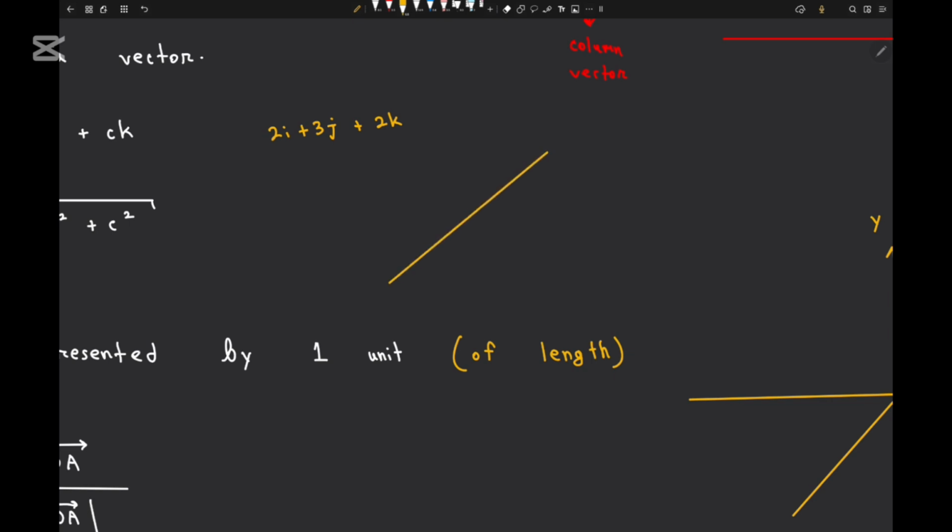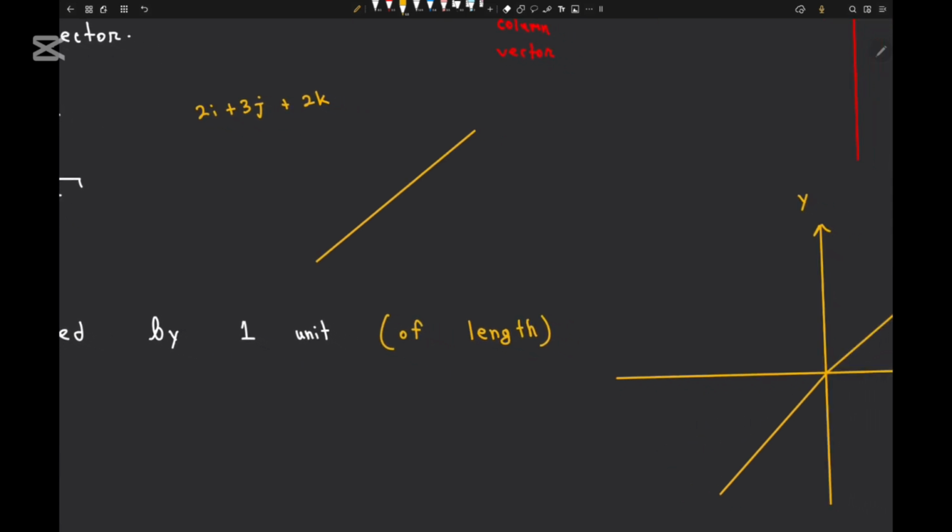If I want to find out the length of this line, let's call this the OA vector, the modulus of OA vector is root over 2 squared plus 3 squared plus 2 squared, which equals root over 17 units.